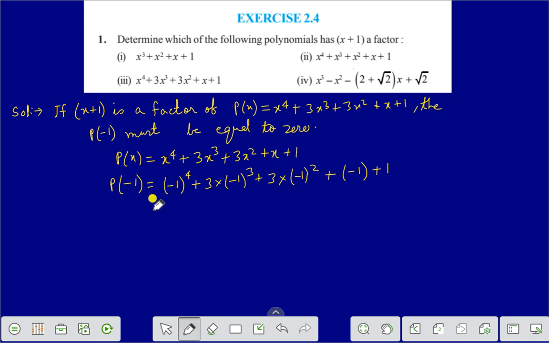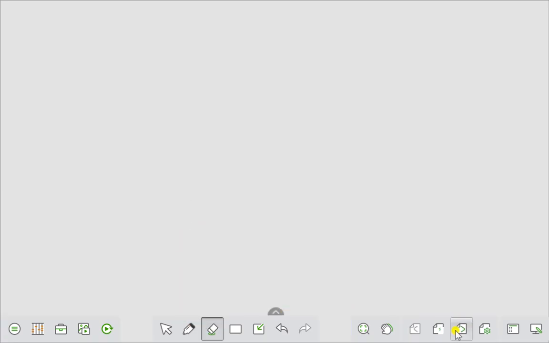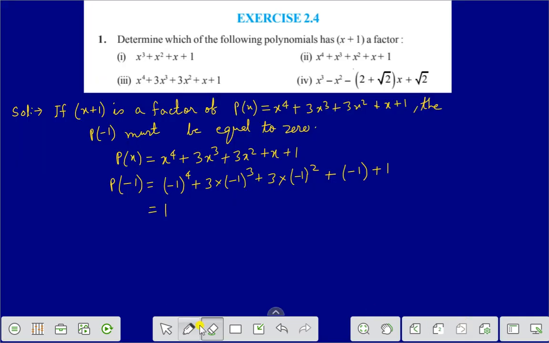Now you see that we are getting (-1) to the power 4 is plus 1, plus (-1) to the power cube is minus 1, that is minus 3, plus (-1) to the square is 1, that is 3, plus into minus 1 plus 1.